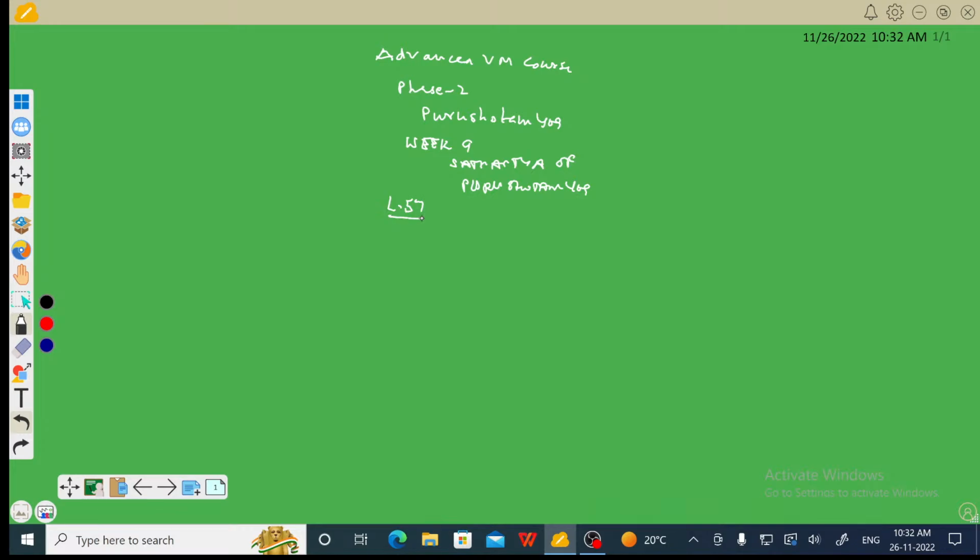In this lesson, we shall have initiation for the values of the Sathapatya of Purushatam Yoga. Let us simultaneously update our TCV dictionary as well as Sathapatya referencer.